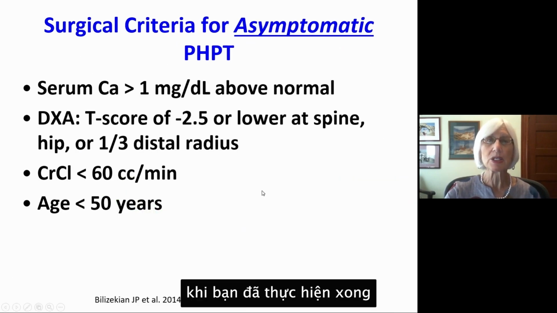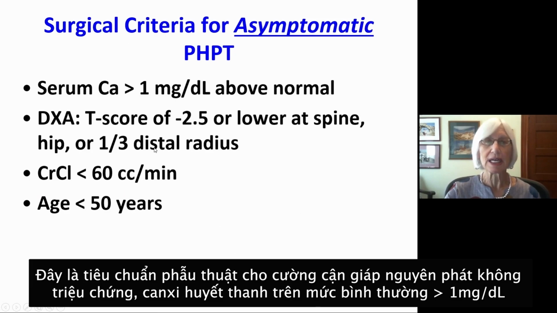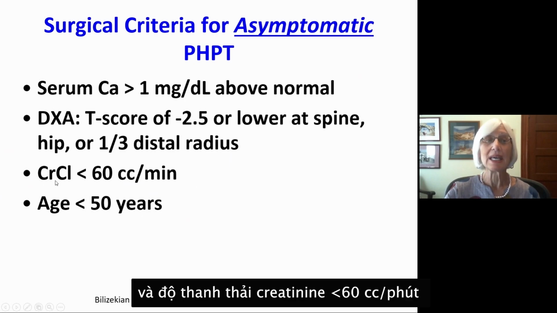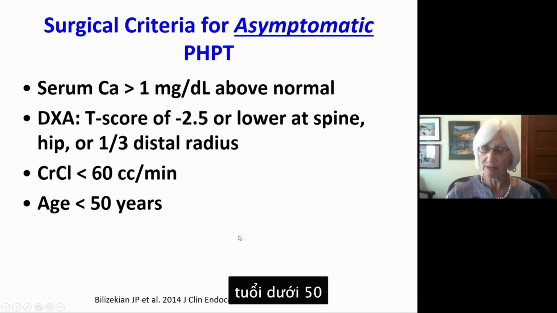Once you've done this, here are the surgical criteria for asymptomatic primary hyperpara: a serum calcium greater than 1 milligram per deciliter above normal, a DEXA T-score of -2.5 or lower at any site, spine, hip, or wrist, a creatinine clearance less than 60 cc per minute, age less than 50.